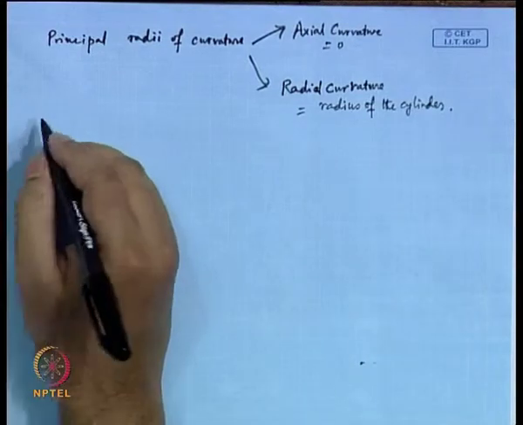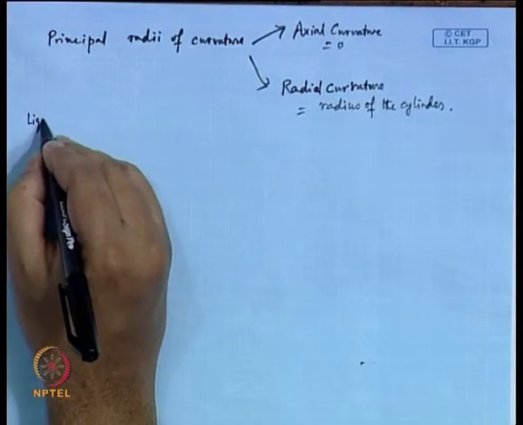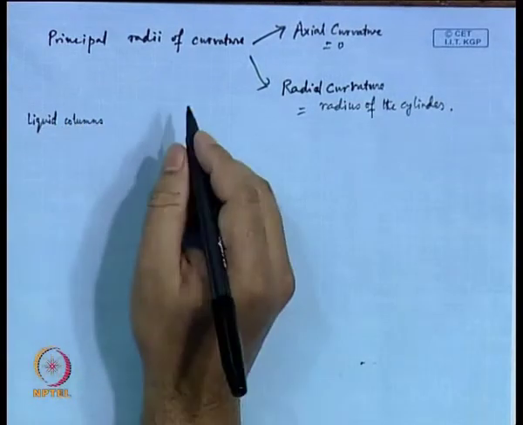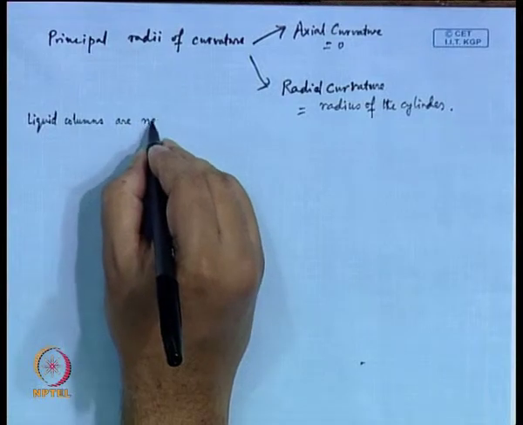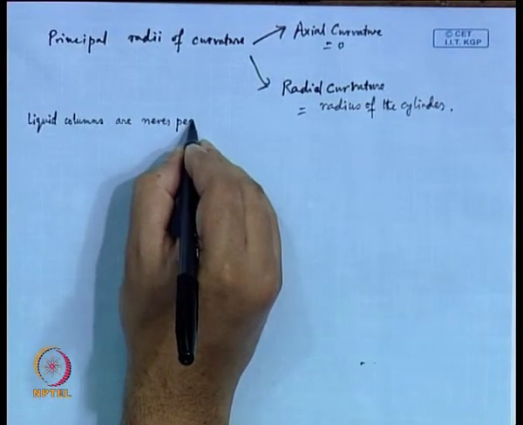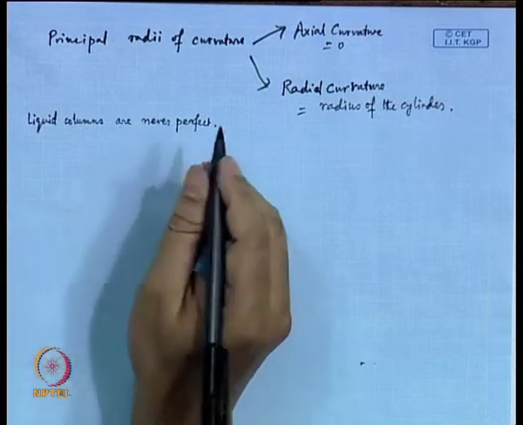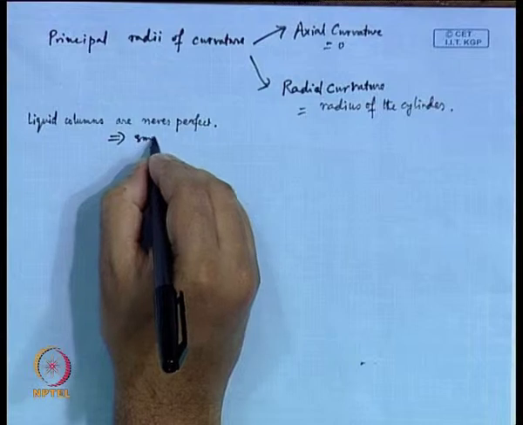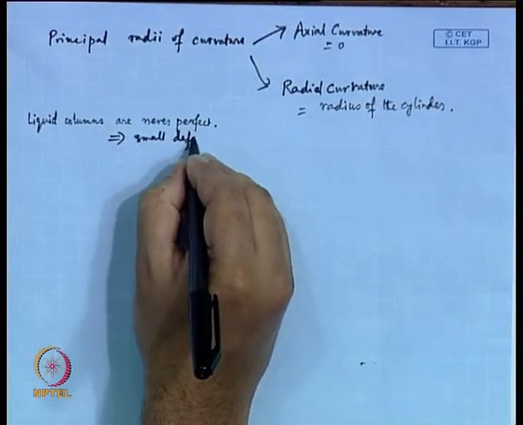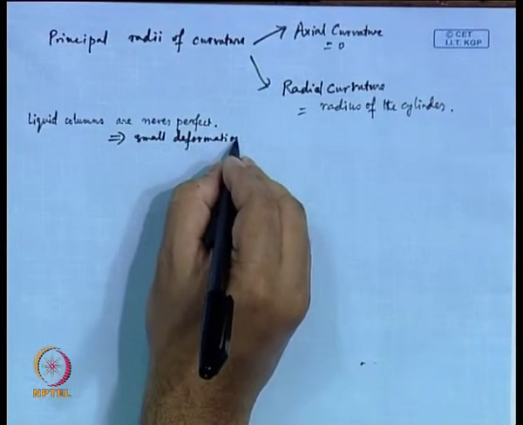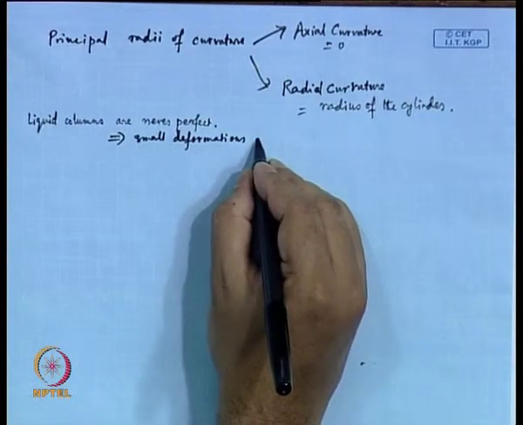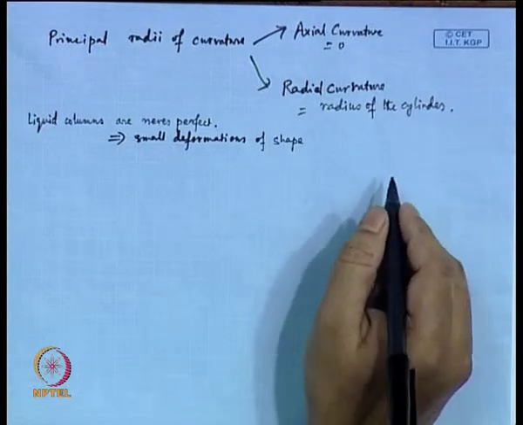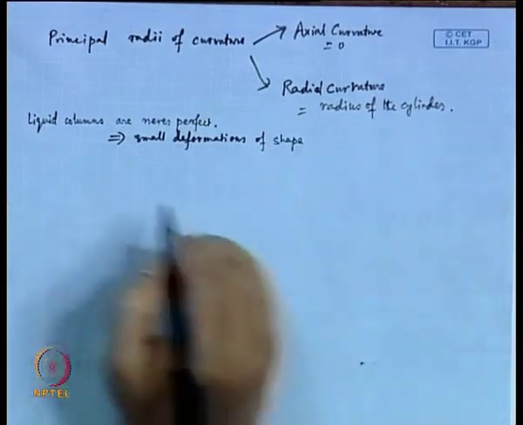Now, there is one point here, that these liquid columns are never perfect, and there will be small deformations of shape due to various reasons, if not anything, due to thermal fluctuations.